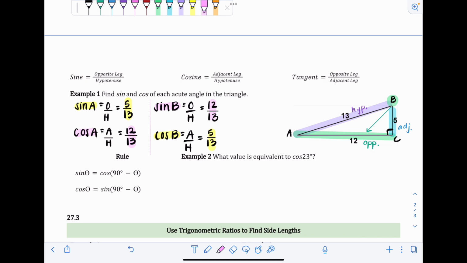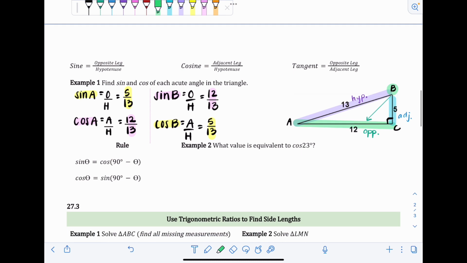So we can use that relationship to find an identity when it comes to trig, and that's this section down here. So for a rule, the sine of theta is the same thing as the cosine of the complementary angle. And we'll talk about that a little bit more in a second. And then cosine of theta is the sine of the complementary angle.